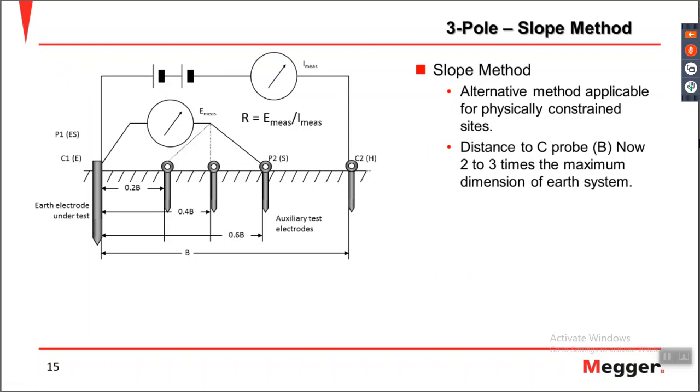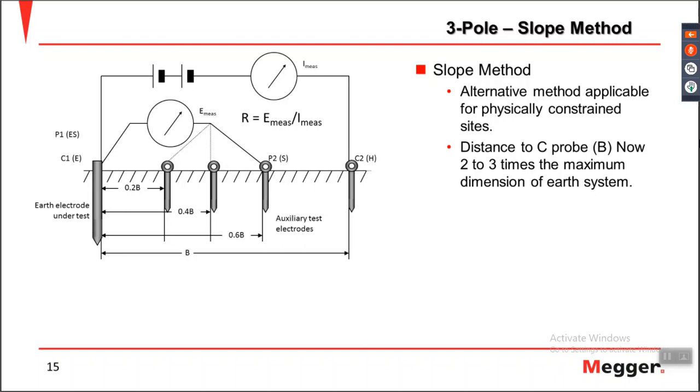Okay, next method is the slope method. I think this is quite a good method to define the proper distance position of the potential probe. The technique is described here. It is easy to use and has been shown to give satisfactory results, both in theoretical and practical cases, when the soil is non-homogeneous.